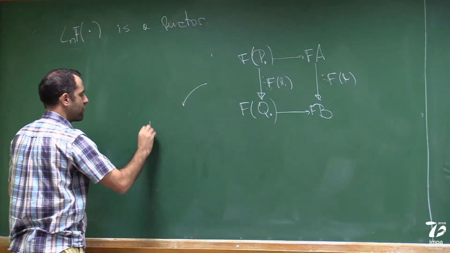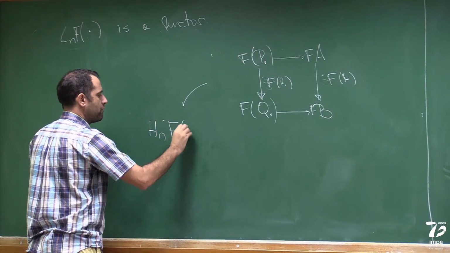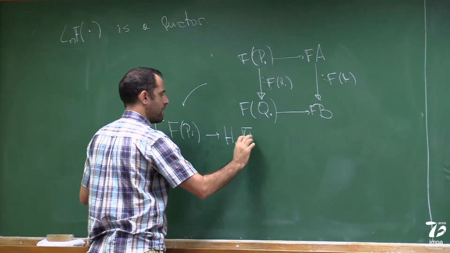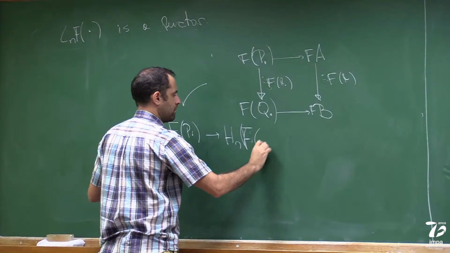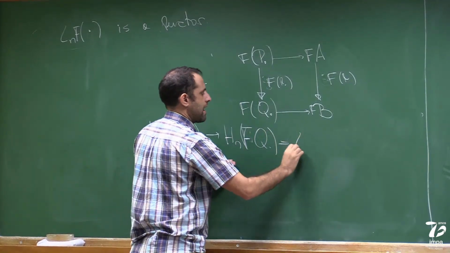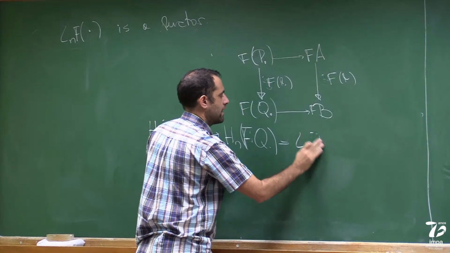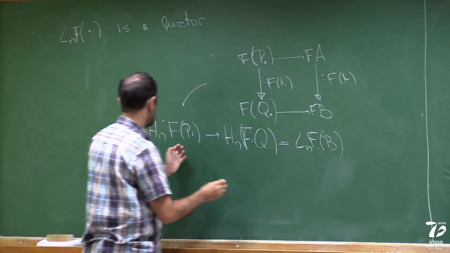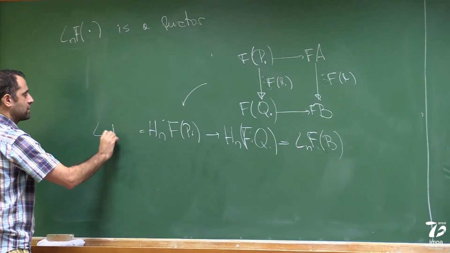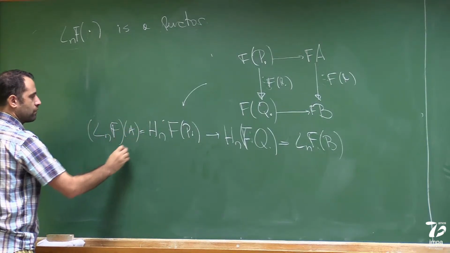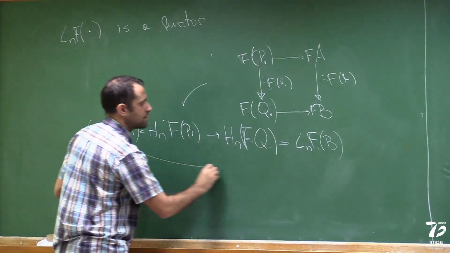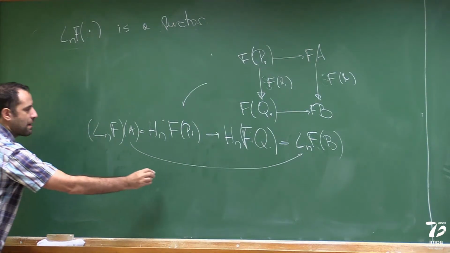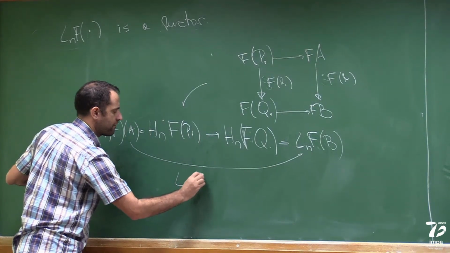So this gives me a map from Hn F of P to Hn F of Q. Now this is Ln F of B, the left-derived functor n times of F applied to B, and this was by definition the left-derived functor of F applied to A. So I've gotten a map from here to here. So this map here is what I will define as Ln F of little f.